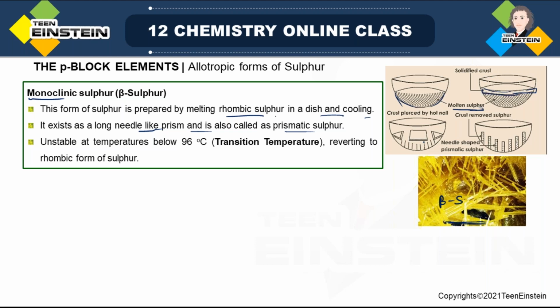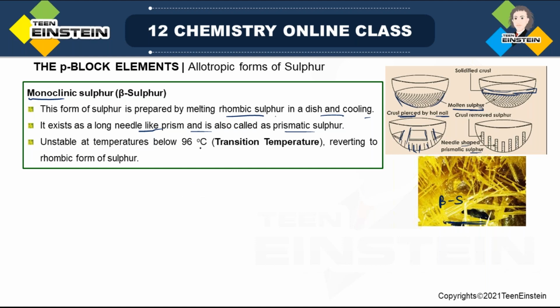Next, we break this crust by piercing it with a hot nail, making some holes in the crust. After removing this crust, you can get the needle-shaped monoclinic sulfur.